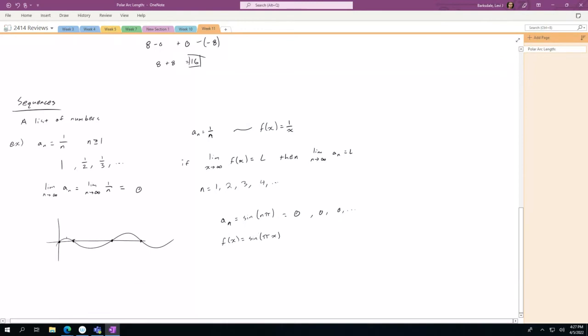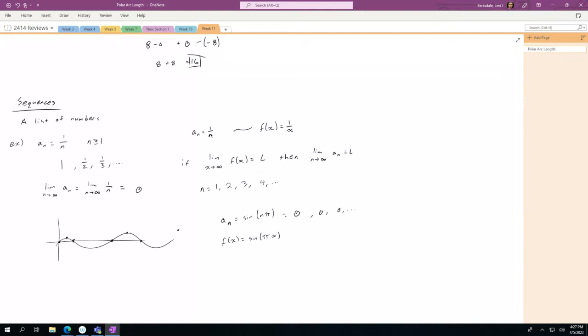So we could even come up with just the points where it's 1 and write a sequence for that and say, well, the limit of that's just 1 because it's just the points where we hit the 1. So yeah, good stuff. But if you can find a function and the function's limit is some number L, then the limit of the sequence corresponding to that function would also be that same L. Sound good?